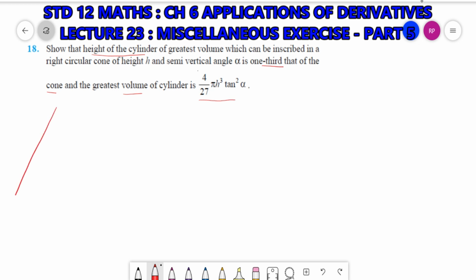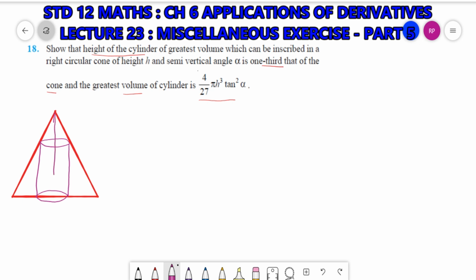First, let's draw the figure. Now let's draw a cylinder inscribed inside it. Let this be the main cone, it's not a triangle, it's a cone.